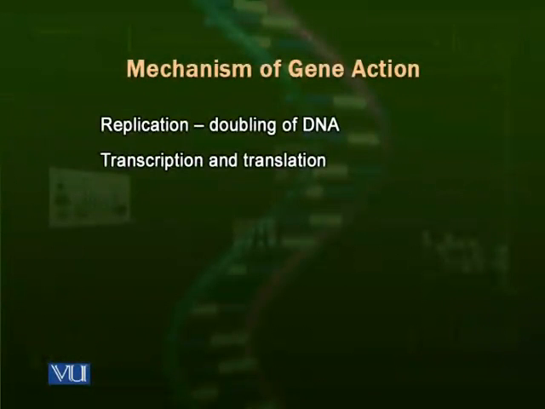This process from RNA to protein is called translation. So this is another function of DNA: transcription, making an RNA molecule, and translation, making a protein from an RNA molecule. Replication is the doubling of DNA. Replication occurs at a specific time, when the cell has to divide.